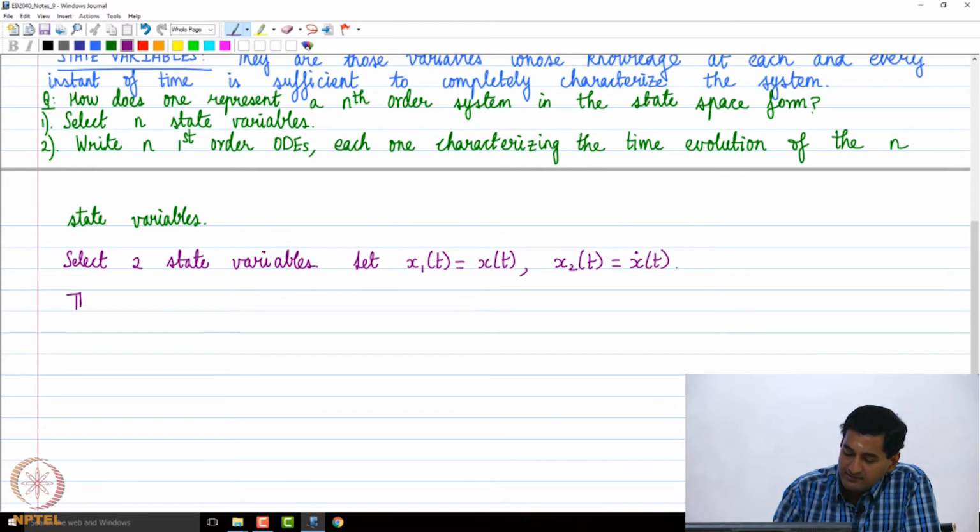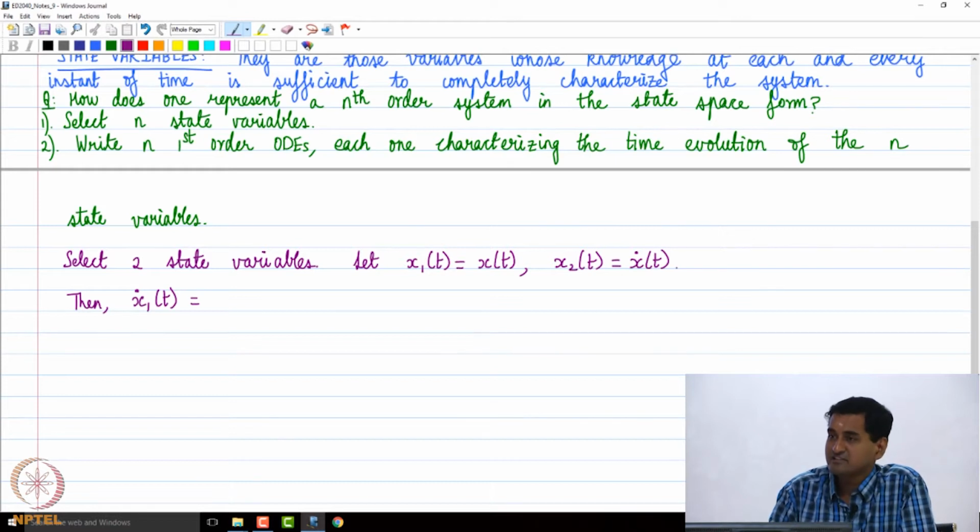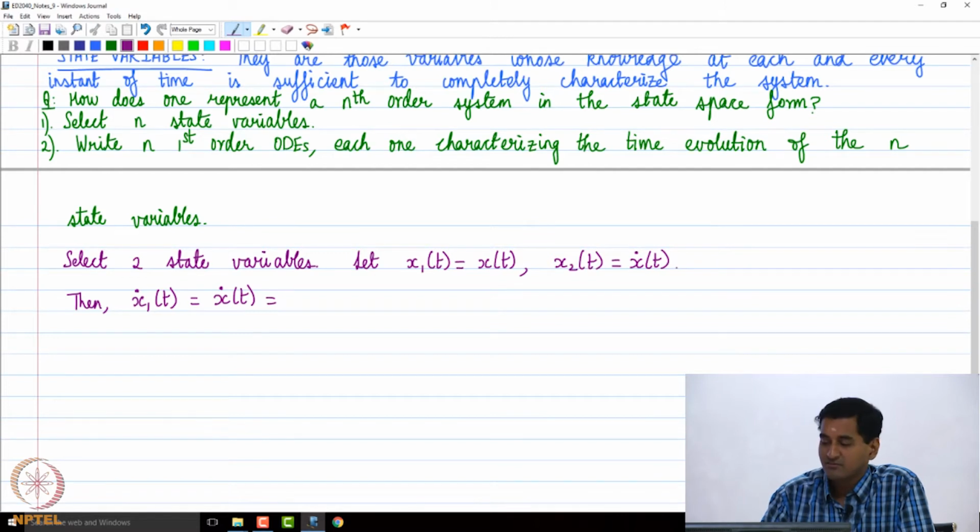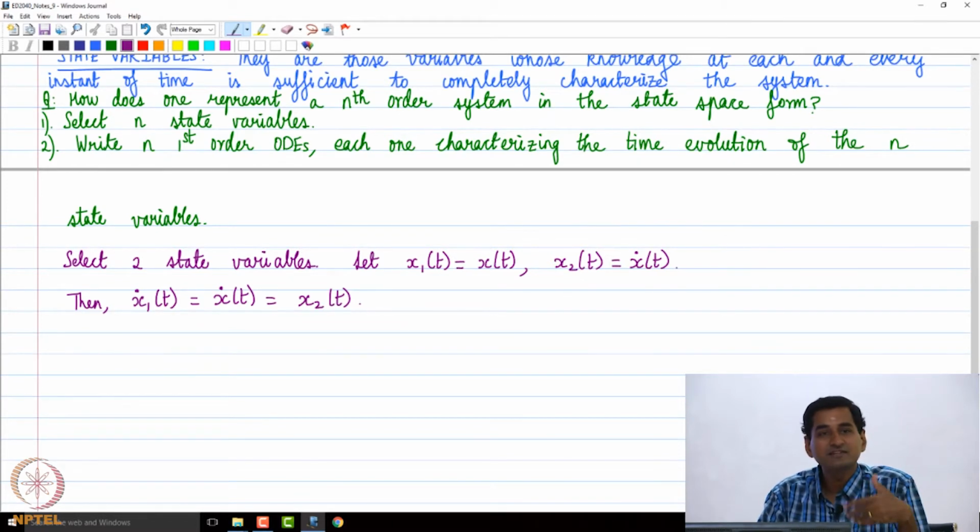So, then we can immediately observe that x1 dot of t, okay, which is the first derivative of the first state variable x1, right, that is going to be equal to x dot of t, right. If I differentiate the first state variable, I am going to get x dot. But what is x dot? x dot is going to be equal to x2 of t, right. So, the idea is essentially to write these time evolution equations in terms of the state variables themselves and the inputs. Okay, that's where we are coming to, right. So, that's what we get from the first equation.